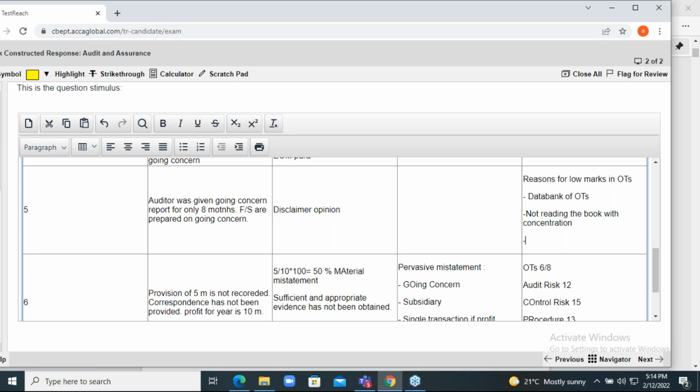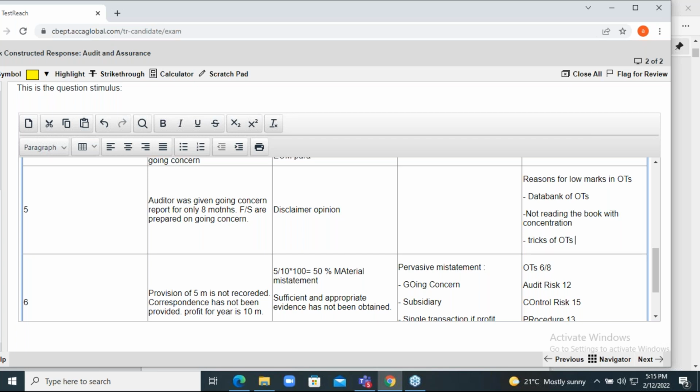And the third thing is the tricks of OTs. There are some tricks of the OTs that students often miss, and they think that the OTs are constructed in a simple manner and we can easily find out the correct answer.